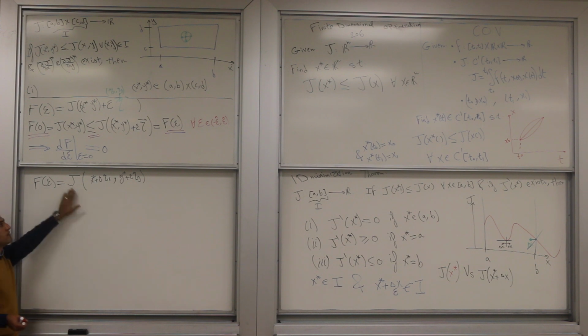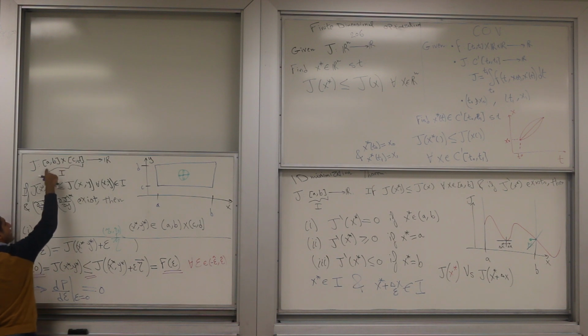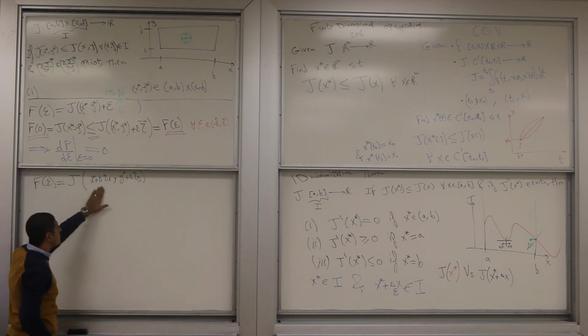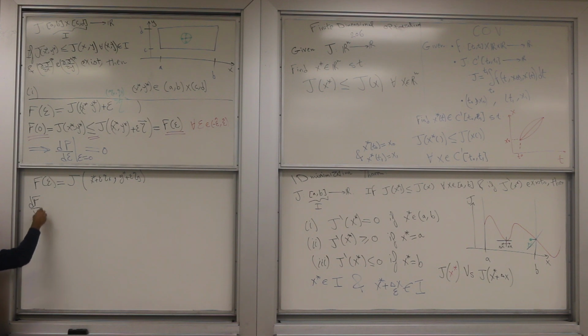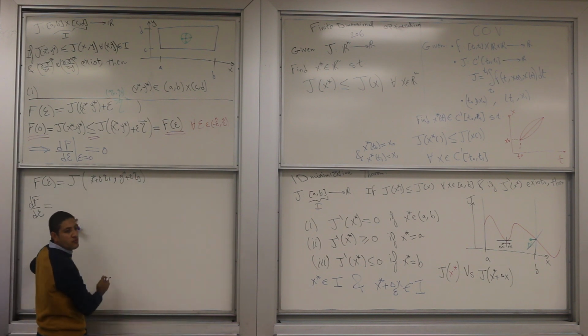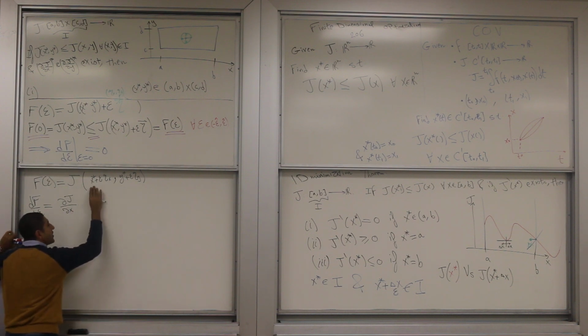Why? Because J, from the beginning, is a function of two variables, x and y, two arguments. Here is the first argument, and here is the second argument, right? So let's apply our differentiation. df by d epsilon equals, I'm differentiating this with respect to epsilon, I'm going to use the chain rule. Partial J, partial the first argument, which is x, times the differentiation of the first argument with respect to epsilon.